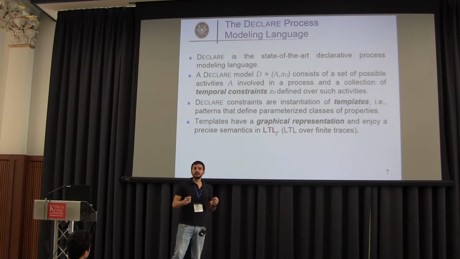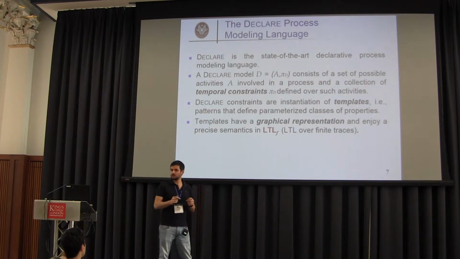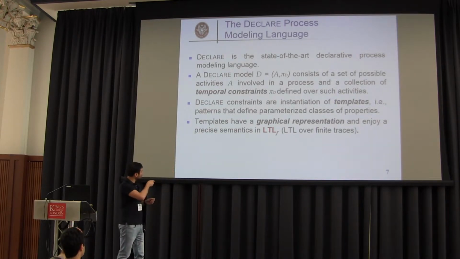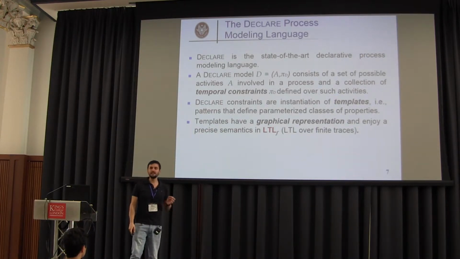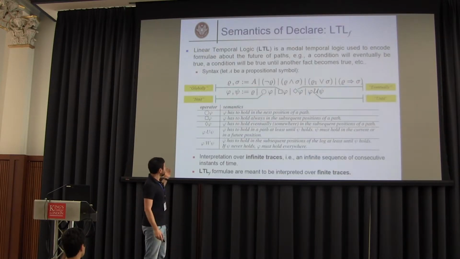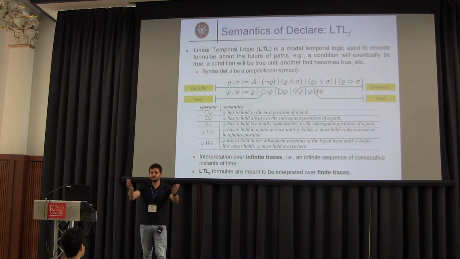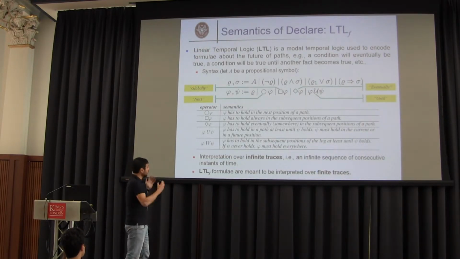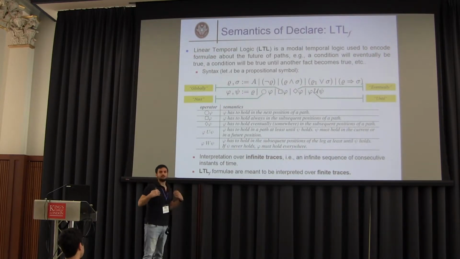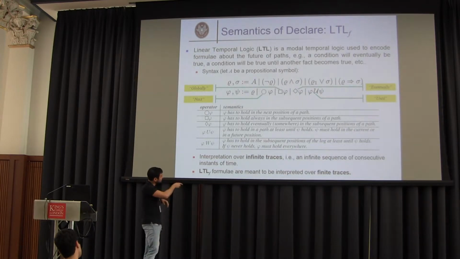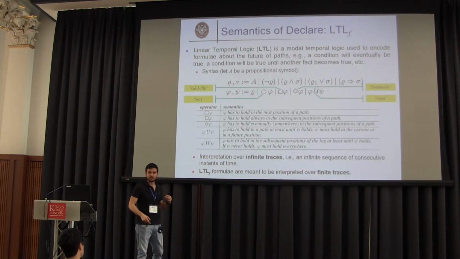Templates in Declare have a graphical representation, so we can graphically represent the constraints of the model and enjoy precise semantics in LTL on finite traces. LTL is linear temporal logic. I think that to this audience I don't have to explain what LTL is. The important thing is that traditional LTL is interpreted over infinite traces.